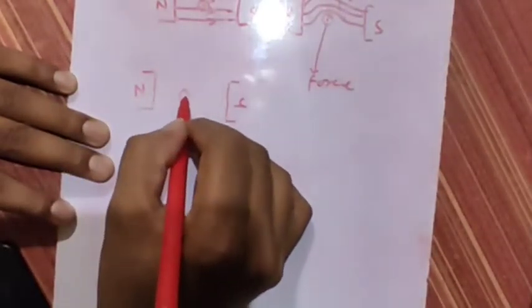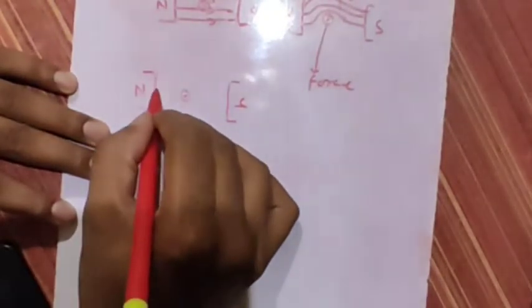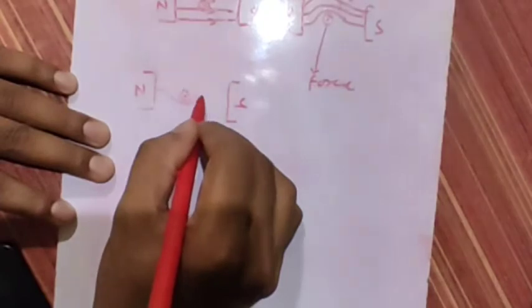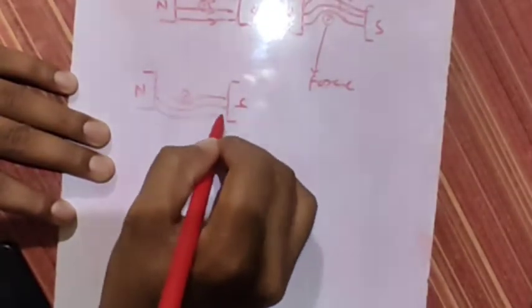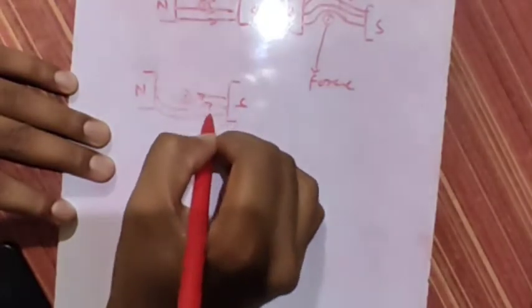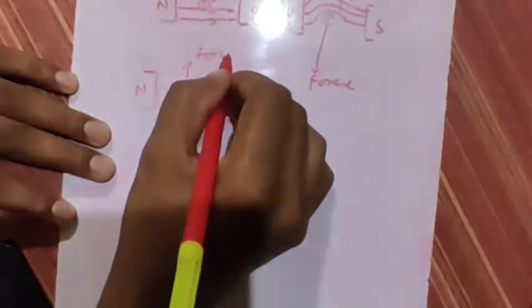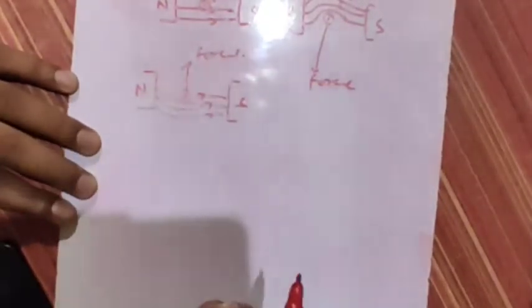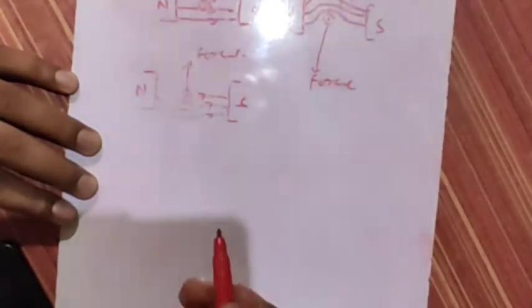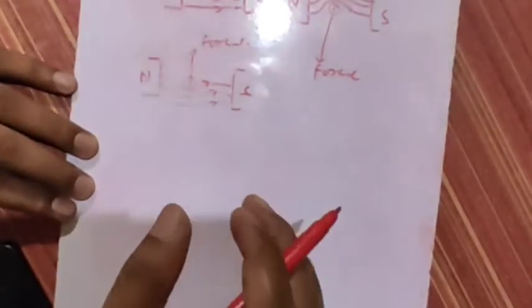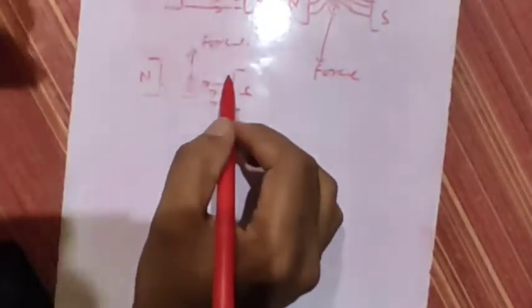So a conductor is placed here and looks like this. And force is here. So when a conductor is placed in a magnetic field, a force is created.